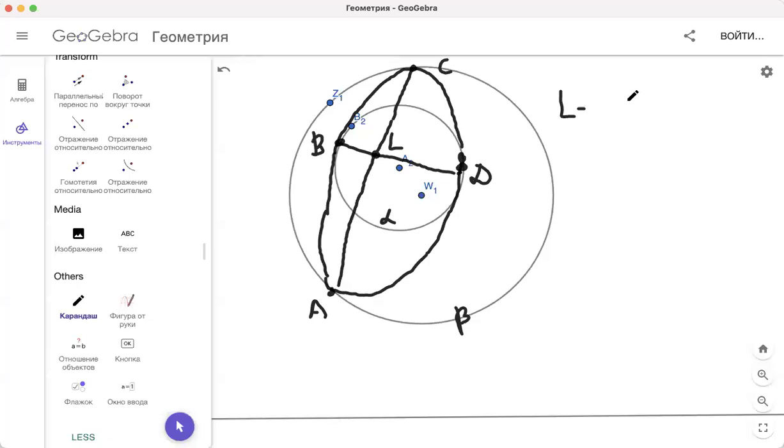It is not hard to prove it using a projective transformation. You can consider a projective transformation taking these two circles to some pair of concentric conics.